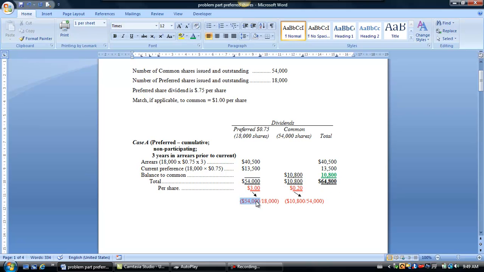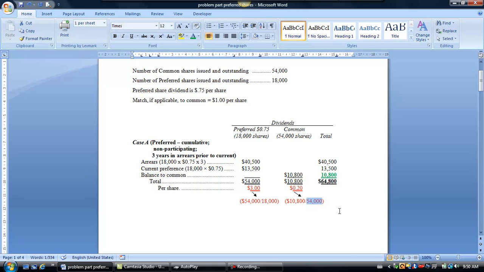So 54,000 divided by the number of shares issued gives me the total dollar value of the dividend paid this year on a per share basis, which is equivalent to $3 a share. The common shareholders got the equivalent of 20 cents a share because they got $10,800 in dividends this year, divided by the number of shares issued. So they've got 20 cents per share.